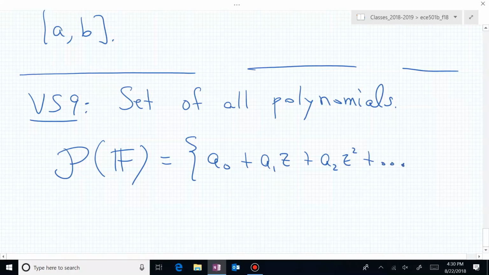This is the set of all polynomials such that these coefficients a sub 0, a sub 1, a sub 2, all come from the field that we've selected, either real or complex numbers, and z.